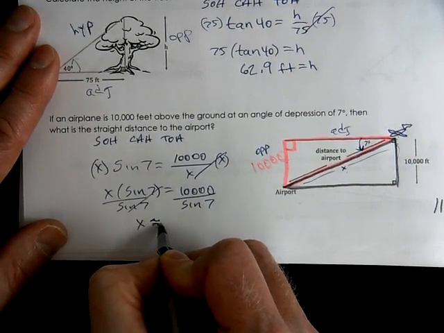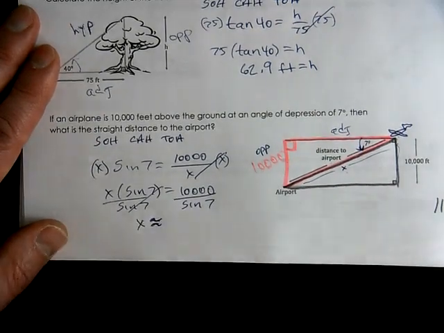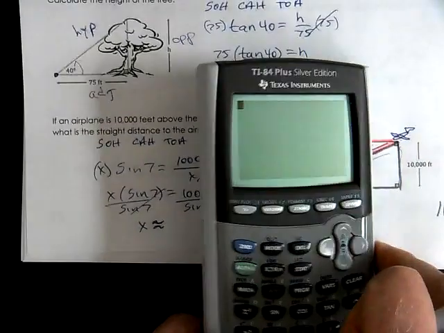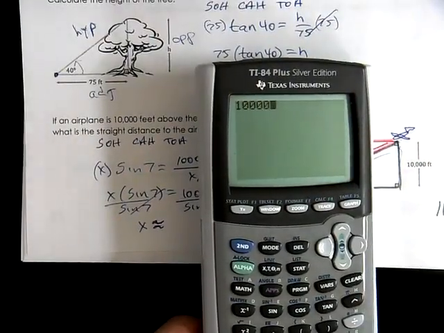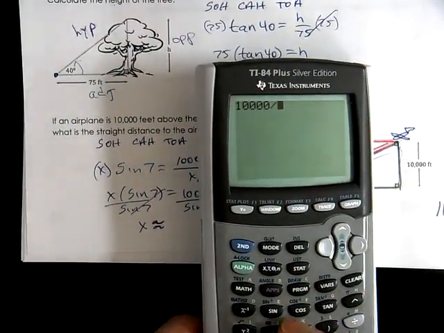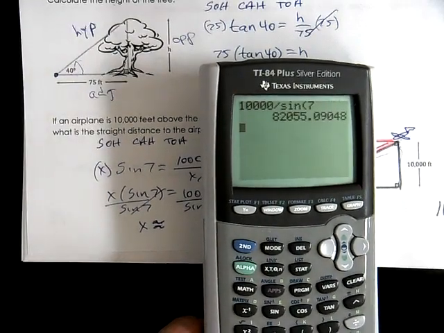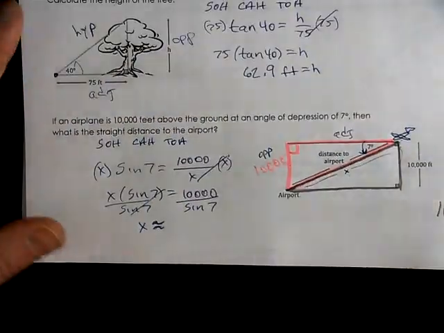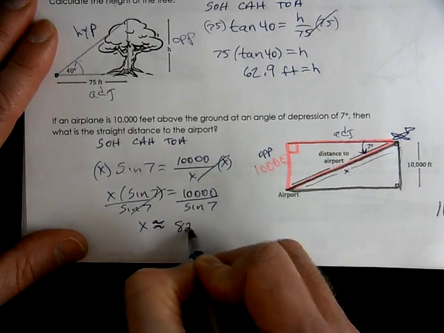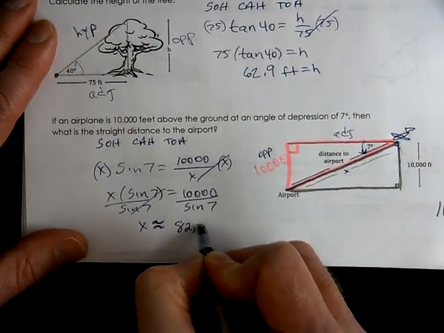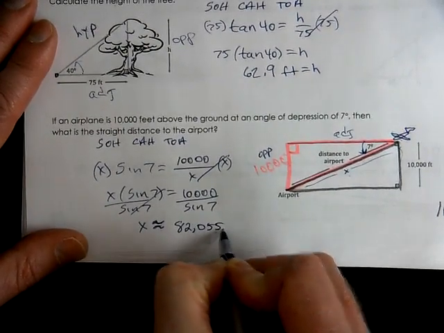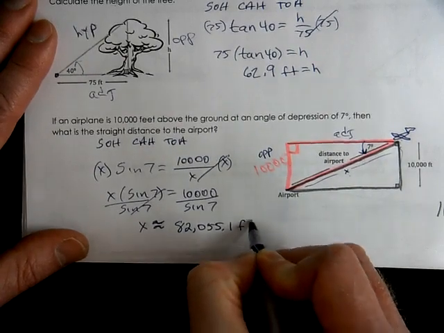It's approximately 10,000 divided by sine of 7. That is 82,055.1 feet.